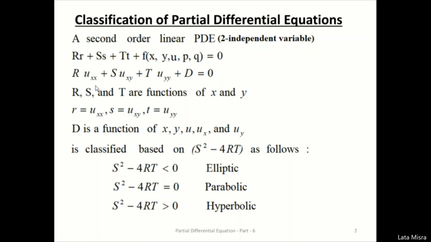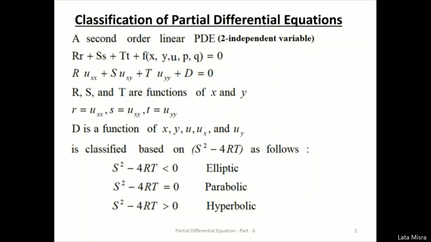We know that small r is del 2 u upon del x square, small s is del 2 u upon del x del y, and t is del 2 u upon del y square. x, y are independent variables, u is the dependent variable, p is del u by del x, q is del u upon del y, and capital R, capital S and capital T are functions of x, y.